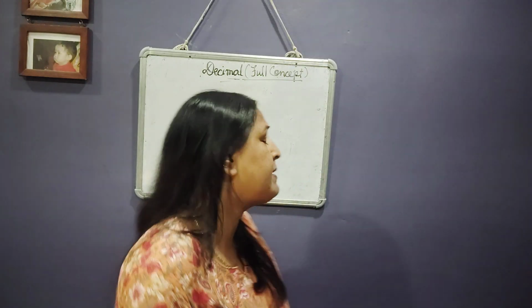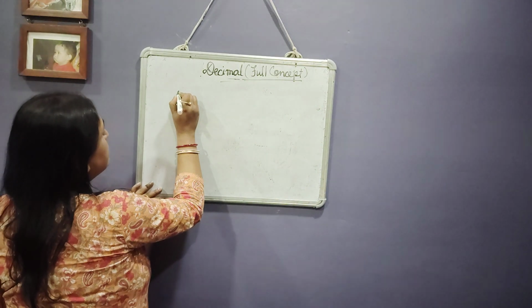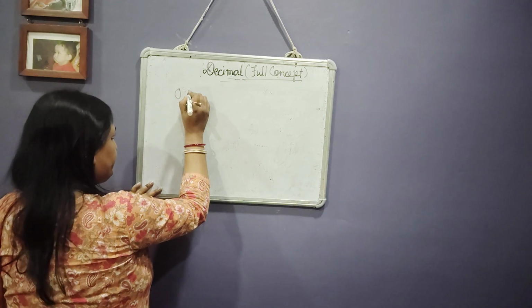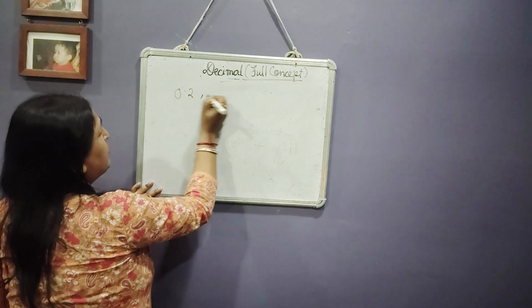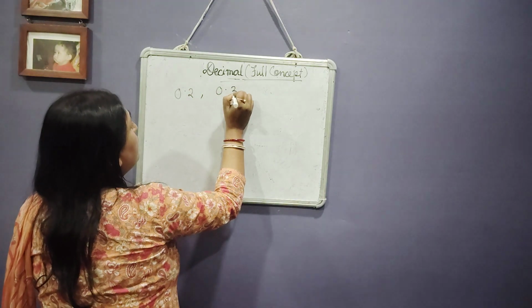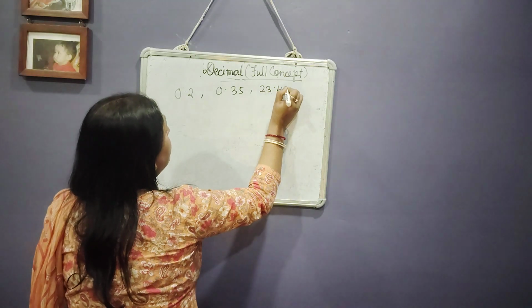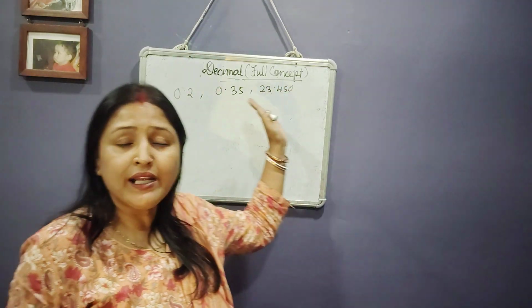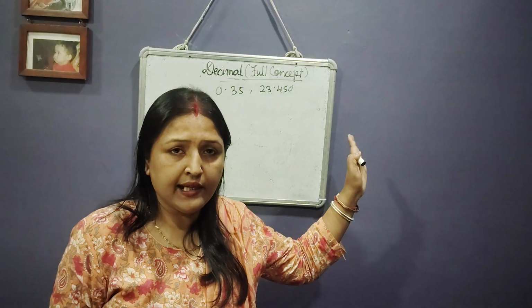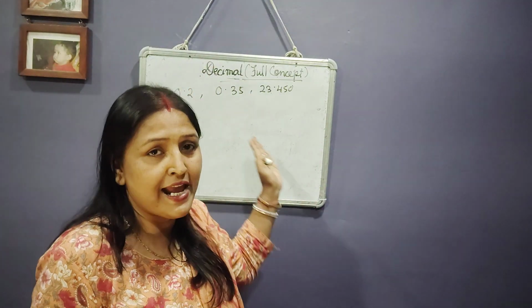Say for example, I'm giving a series of numbers: 0.2, 0.35, 23.450. You can see these are all unlike decimals. So you have to convert them into like decimals.